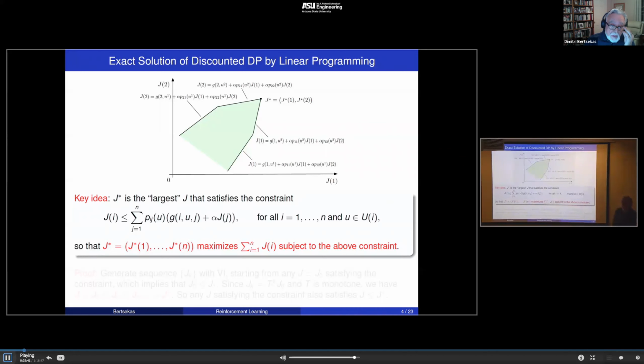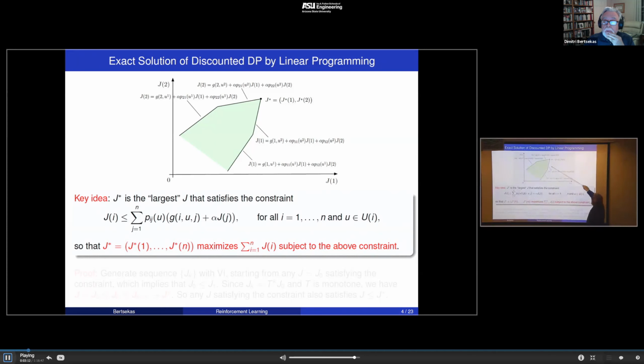Now, let's try to visualize this result. Okay, this figure here involves two states and two controls. Two states, so J is a two-dimensional vector, J1, J2. So vectors J live in here, okay? Now let's look at an inequality of this type. Let's look at the inequality involving i equals 1 and control u1, state 1, control 1.